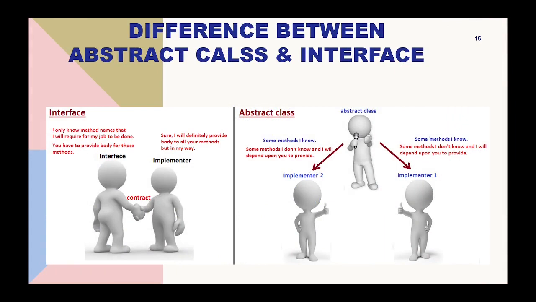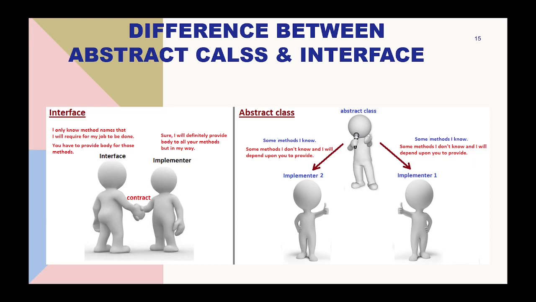So, in abstraction and interface both, we cannot create the object of any abstract or interface class. Now, many people get confused between the abstract class and interface. Interfaces are used like interface bodies, or I would say methods are defined first, but the implementations are done later on by the implementer.